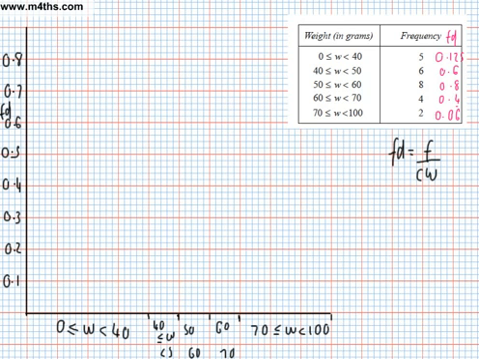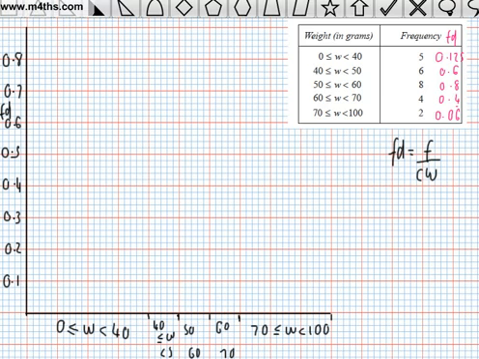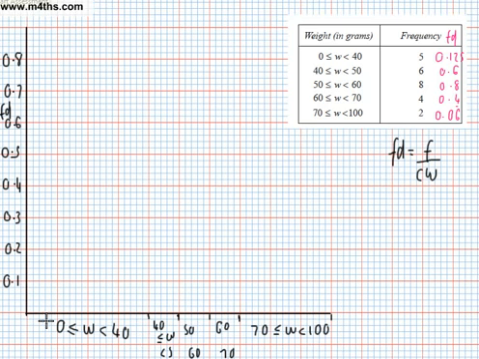So how I'm going to do this is, in fact, we'll do it with a shape. First one is 0.125, and remember this is now the frequency density, so I need it to be approximately give or take about there.